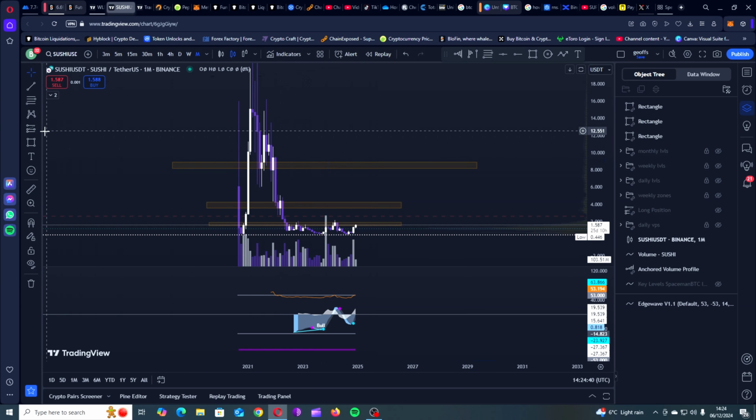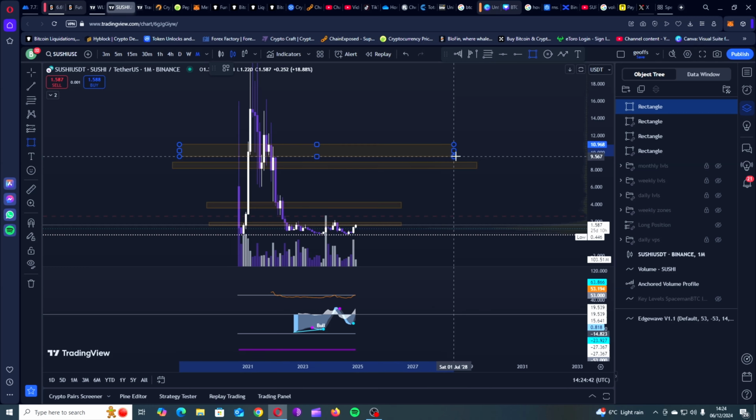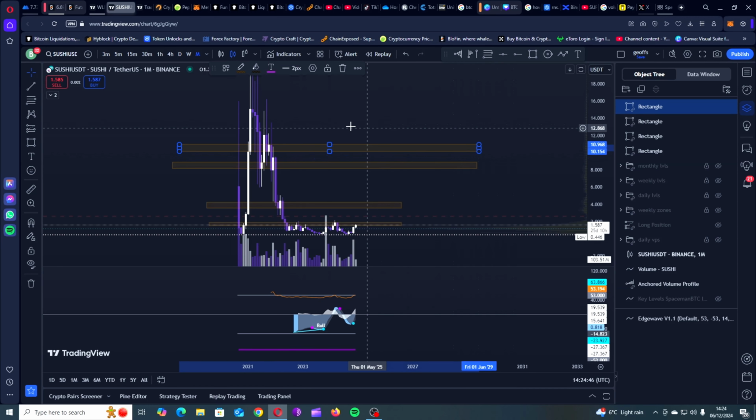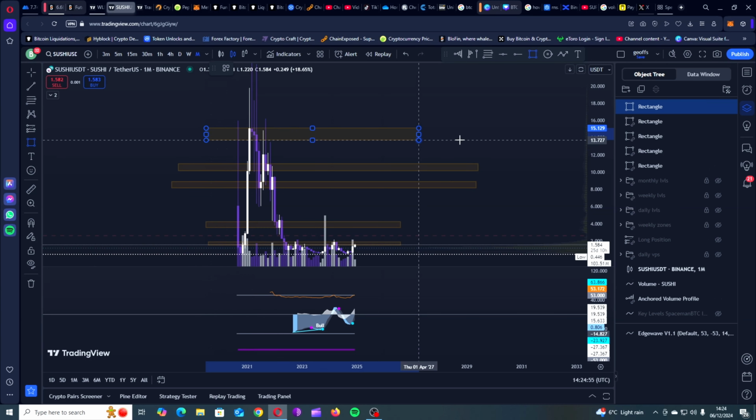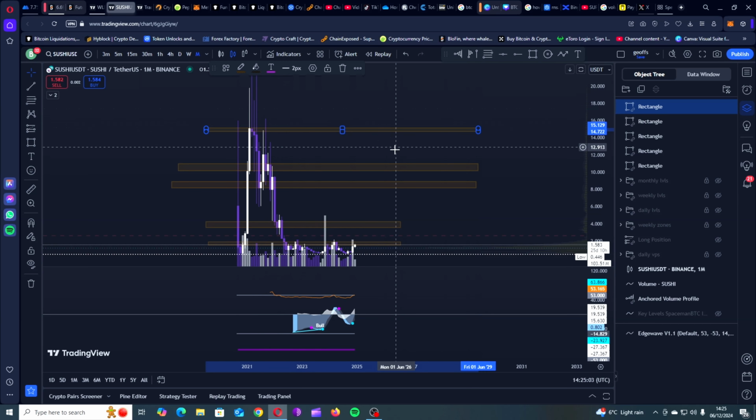Next monthly zone around there. So how I'm marking it out is where it's reacted so many times previously. It's so easy to mark out, you've got another zone there. And the reason we've got that zone there is I'm marking out just the body. I don't care about the wicks. The wicks mean nothing to me.